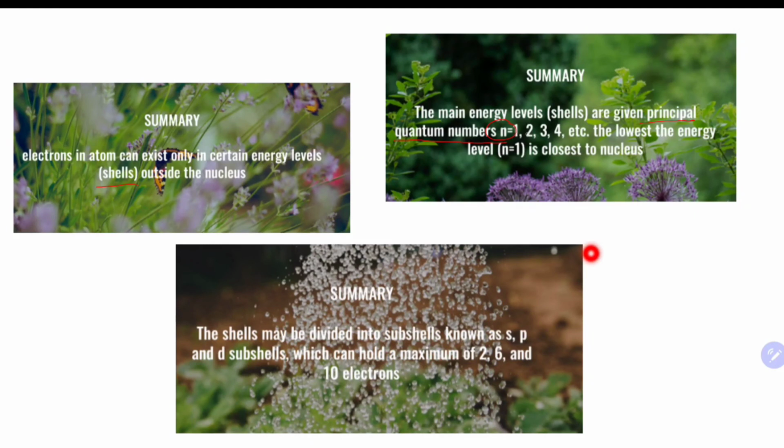The value is 1, 2, 3, 4, etc. The lowest energy is n equals 1, the closest to the nucleus. The shells may be divided into subshells known as s, p, d, and f, which can hold a maximum of 2, 6, and 10. For f, 14, because there are 7 orbitals in subshell f.